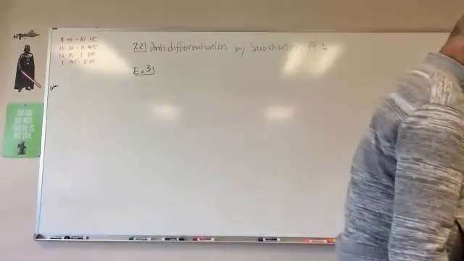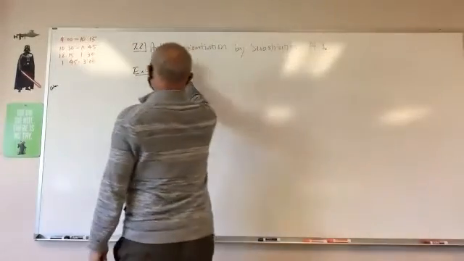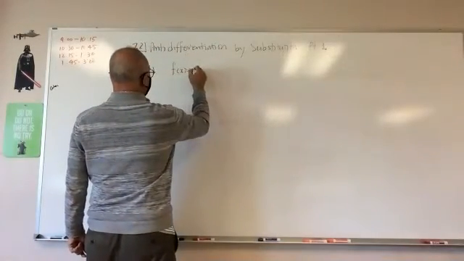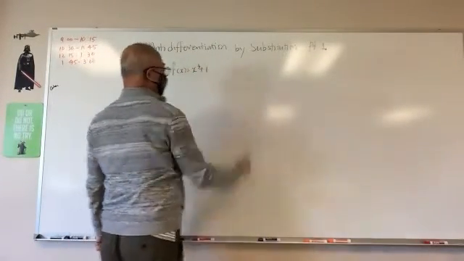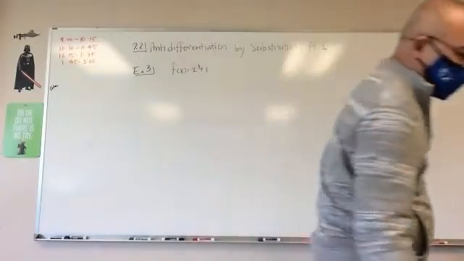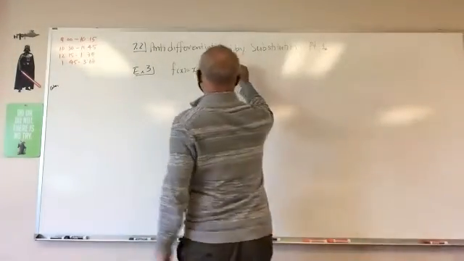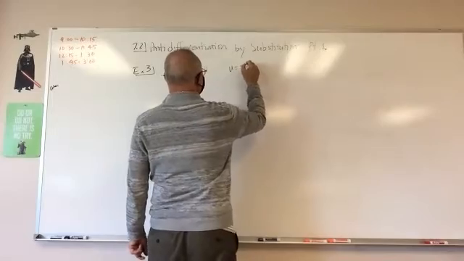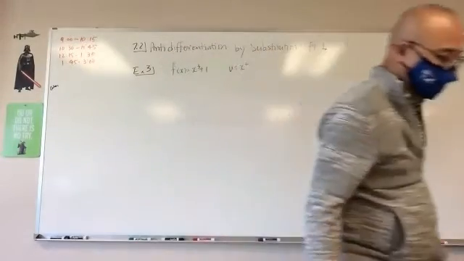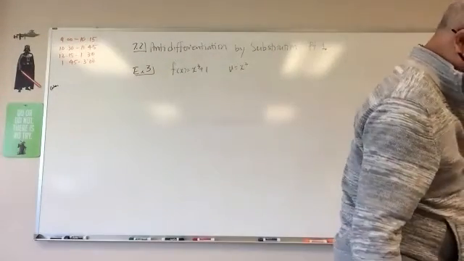I have f of x is equal to x cubed plus 1. And then I have, what else do I have? u is equal to x squared. Find each of the following antiderivatives in terms of x.